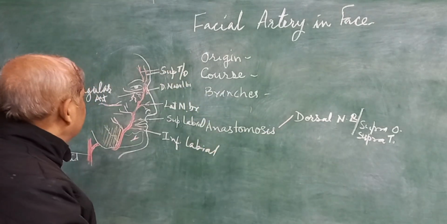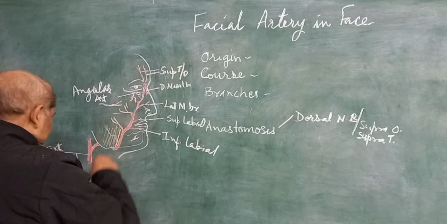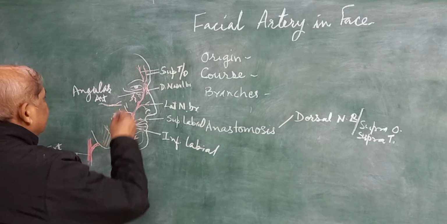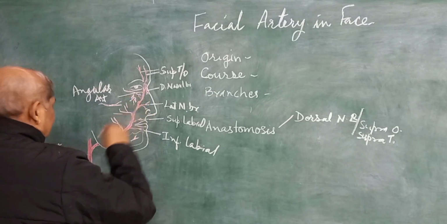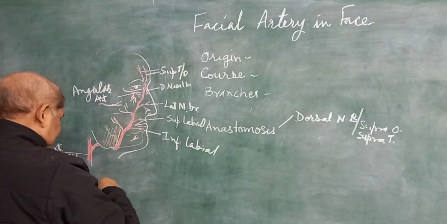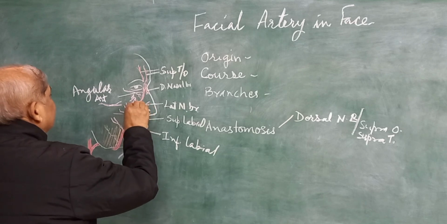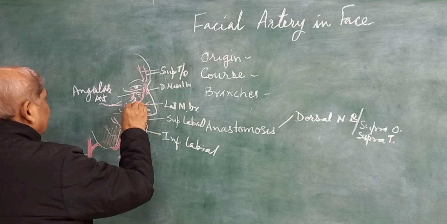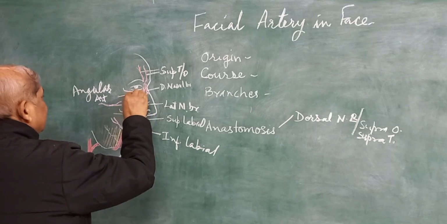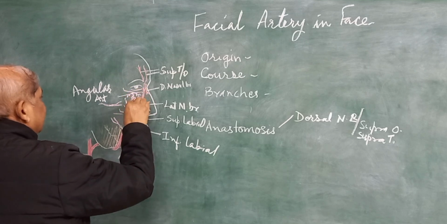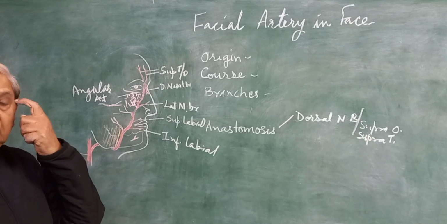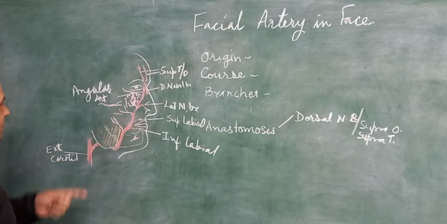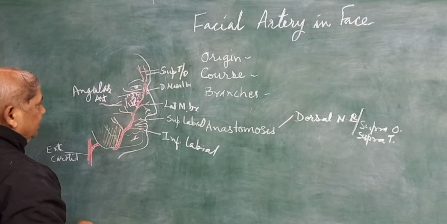Then the second anastomosis is with the infraorbital branches, which come out through the infraorbital foramina, and this is with the posterior branches which are given here; they will form an anastomosis here. This is the anastomosis with the maxillary branch, so this is with the infraorbital branches.